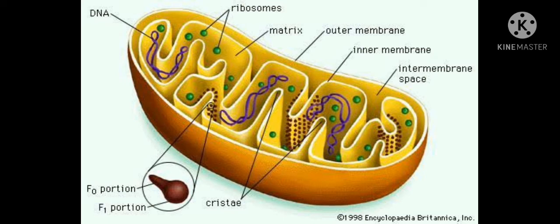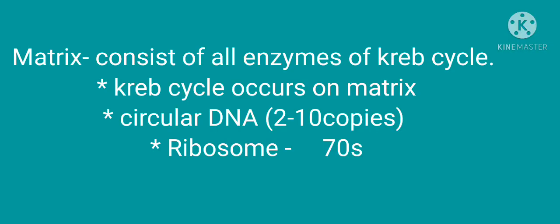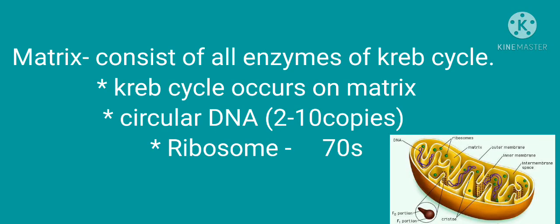The group of all mitochondria in a cell is called the chondriome. See in short about the matrix of mitochondria. It consists of all enzymes of the Krebs cycle, the Krebs cycle occurs in the matrix of mitochondria, and the circular DNA, near about 2 to 10 copies, is present in the matrix, as well as their own 70S ribosomes.